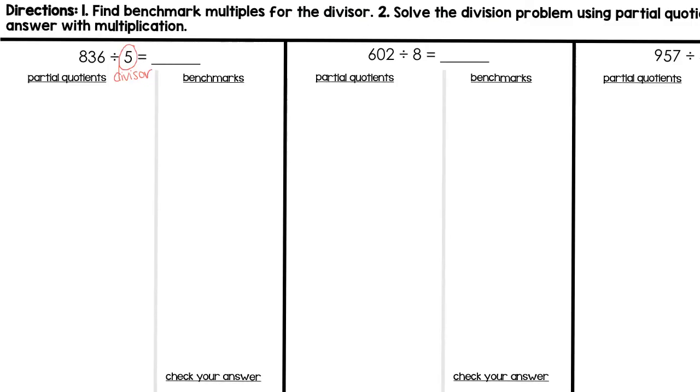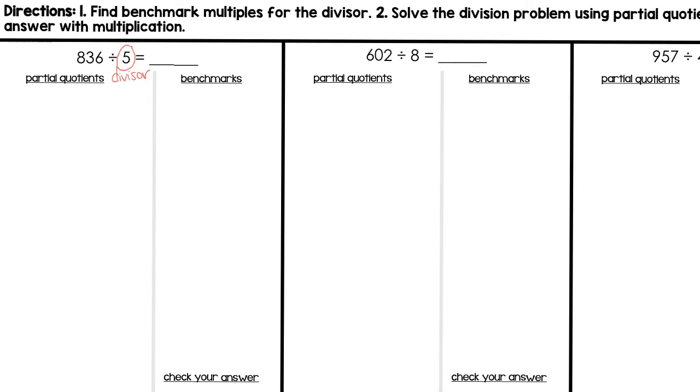Our divisor is 5, so we're going to be multiplying 5 by numbers to find groups that we can take out of 836. So the easiest thing to multiply by 5 is 1. 5 times 1 is 5.